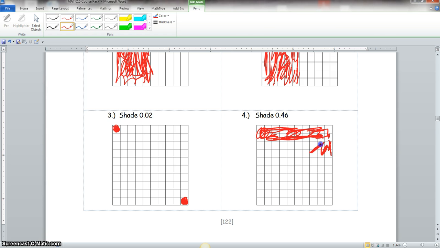This would be 30, and 40. Now we have to do 6 more. It doesn't matter where the other 6 come from. That's 1, 2, 3, 4, 5, and 6. Now we know this is supposed to be all the way shaded in, but this is 40 boxes and our 6. So there's 46 out of 100.